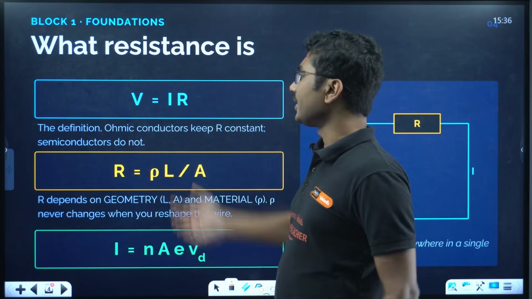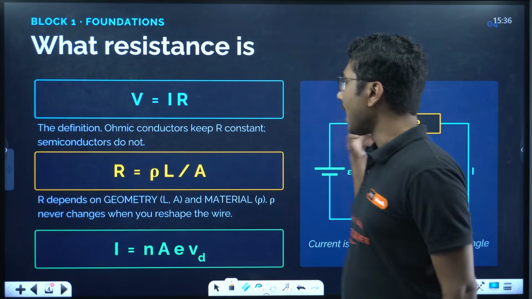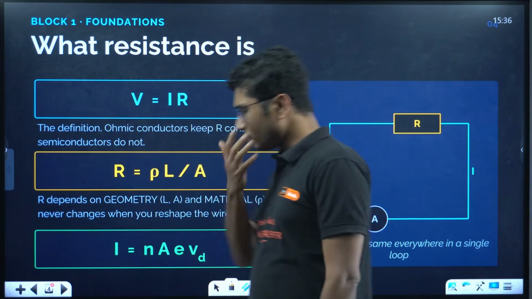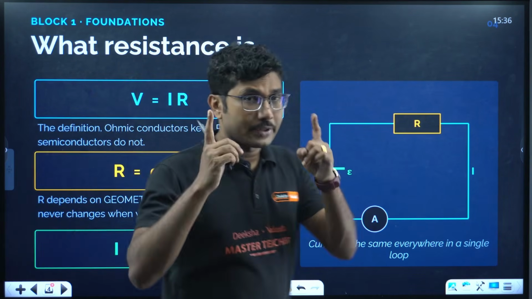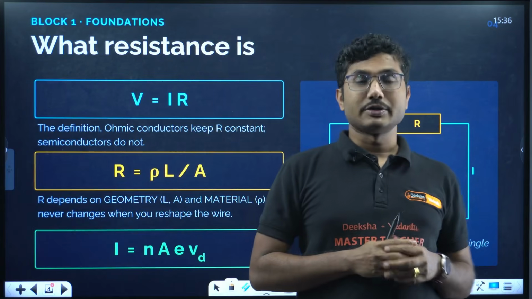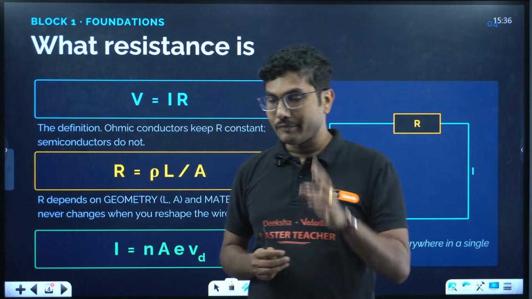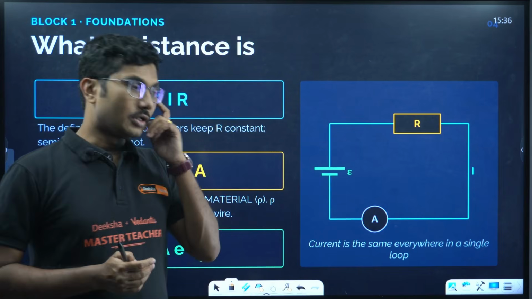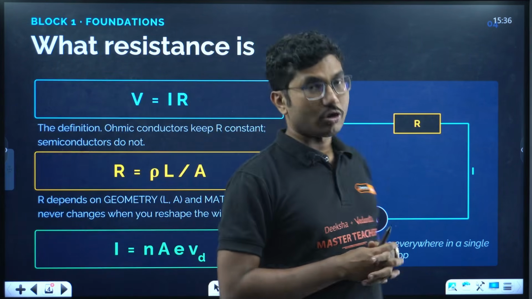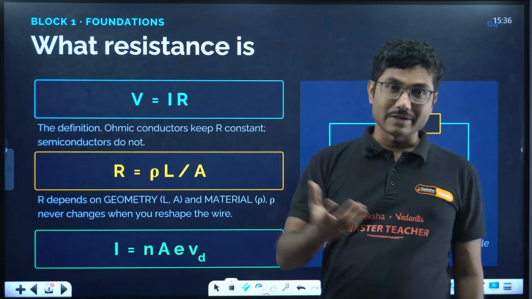Basically the definition: ohmic conductors keep R constant, semiconductors do not. If the temperature is constant, that is one of the conditions of Ohm's law: Ohm's law is valid when temperature and physical conditions remain the same. So those are the two conditions for Ohm's law to be applicable, and the conductor has to be ohmic.